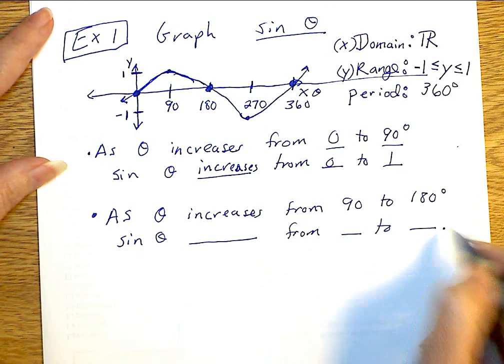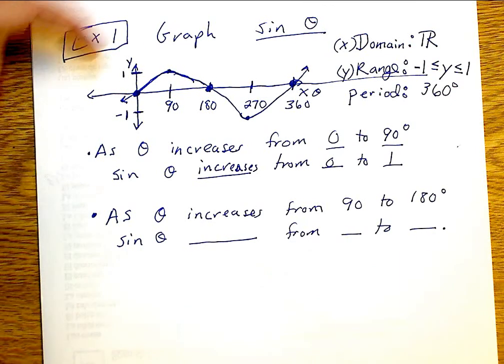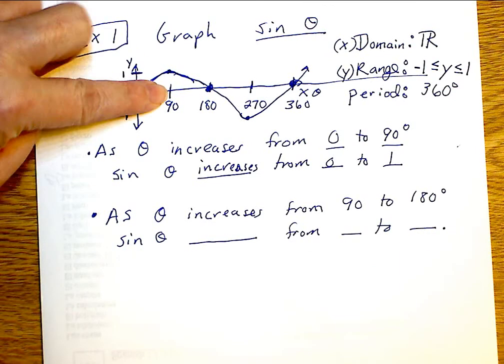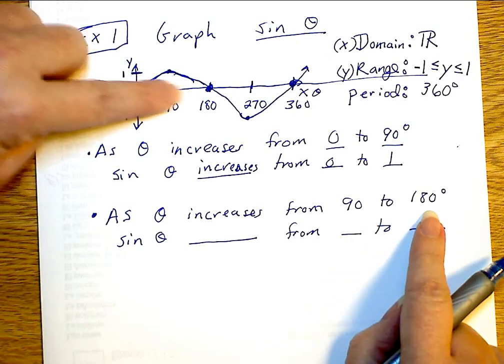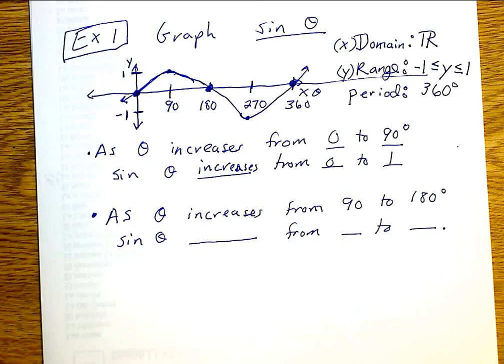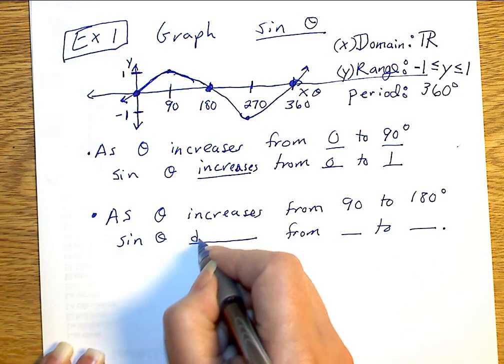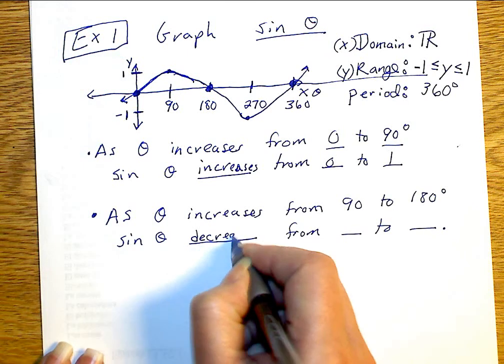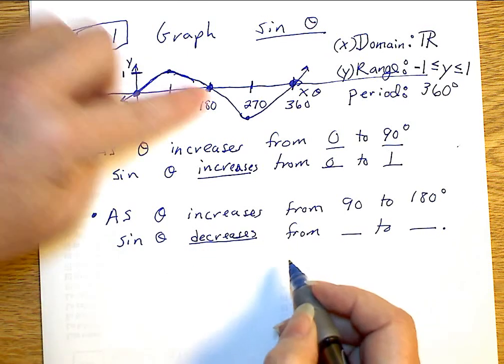So you got three things. So you're looking at, as theta increases from 90 to 180, sine theta does what? Decreases from 1 to 0.